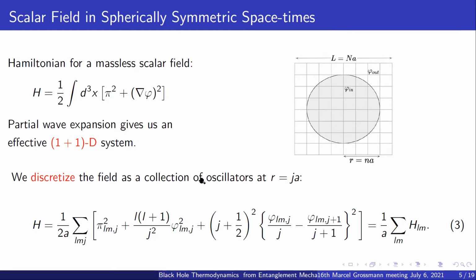If I go further and simplify the problem by discretizing r, the radial coordinate, by writing down this equation where j is the lattice point and a is the lattice spacing, then my Hamiltonian would further simplify into this form, which is actually a recognizable form corresponding to an oscillator chain with nearest neighbor coupling.